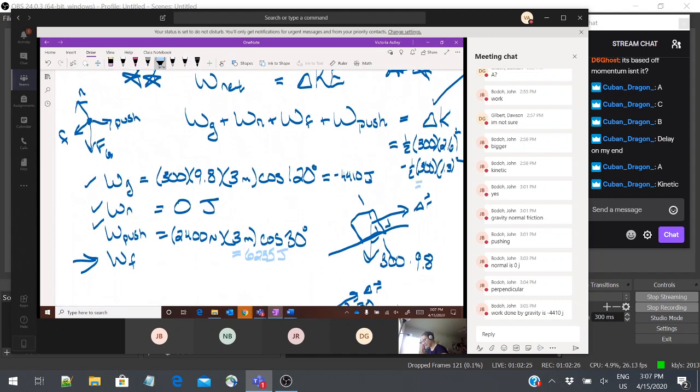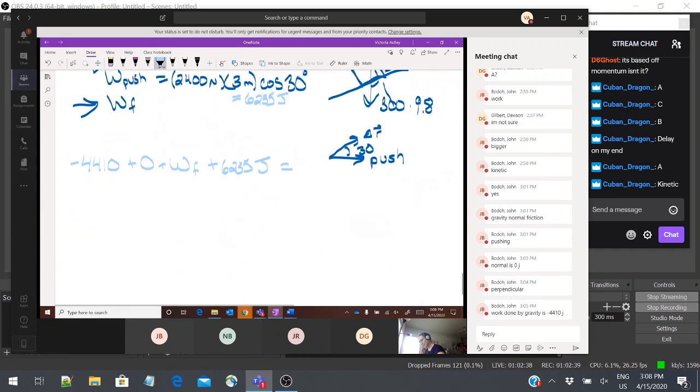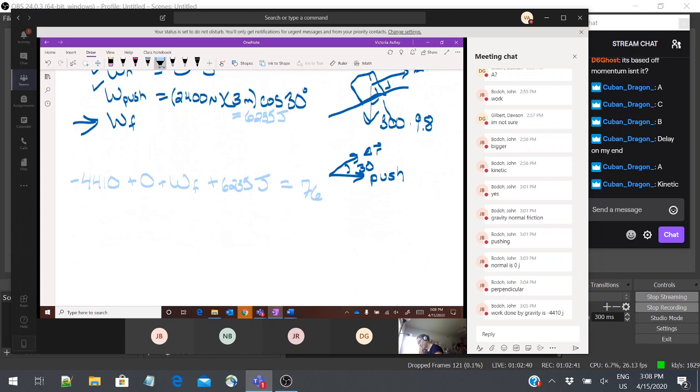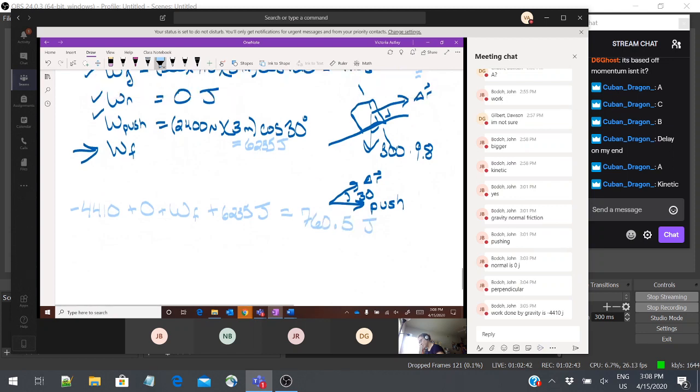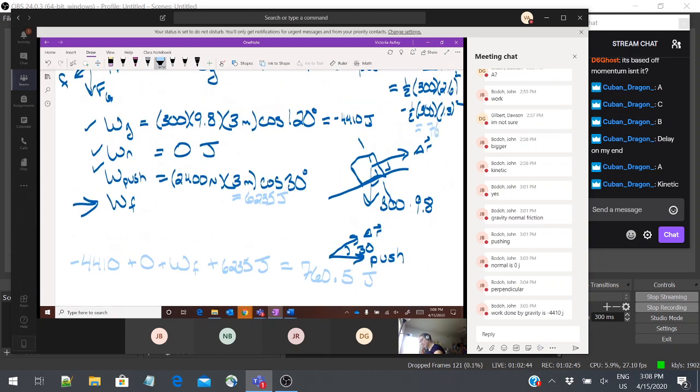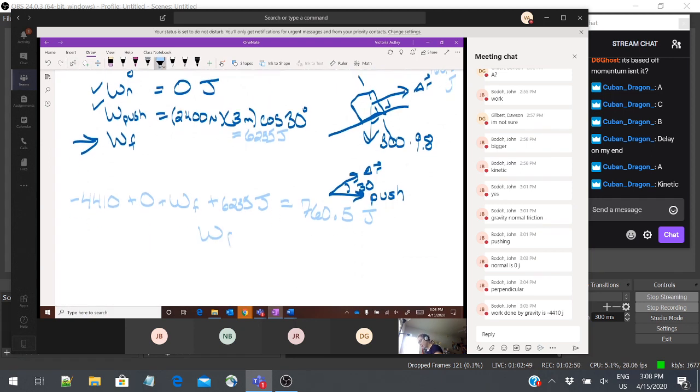Our delta K is 2.6 squared minus 3 squared times 1/2 times 300. 760? 760. So then we solve for W_F, work done by friction, and we get plus 4410 minus 6235.